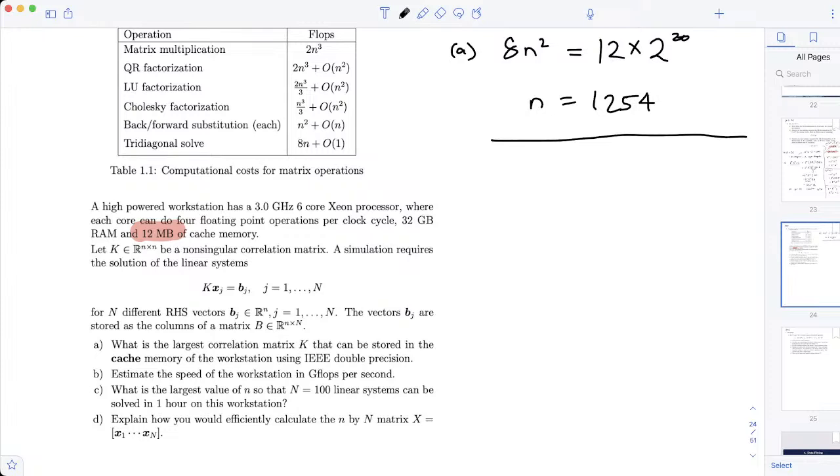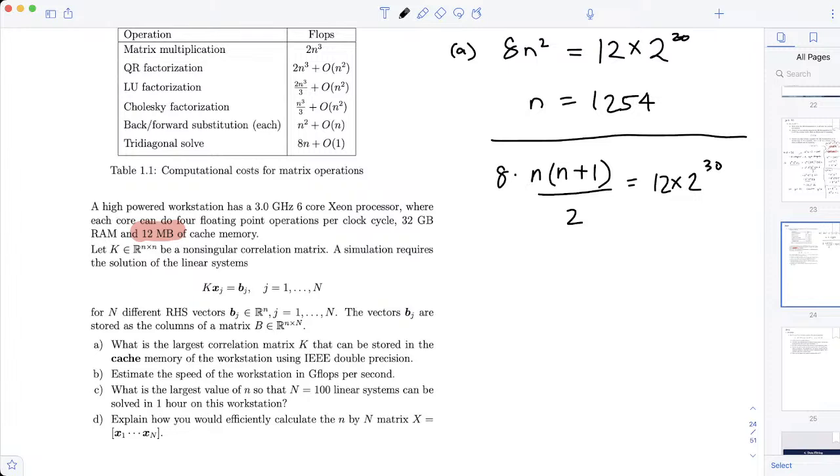Like I mentioned earlier, that means we only have to store n times n plus 1 over 2 elements instead of n squared elements. So instead, we're solving this equation over here. Now, this gets a bit annoying because it becomes 4n squared plus 4n equals this. It's annoying and it's quadratic.